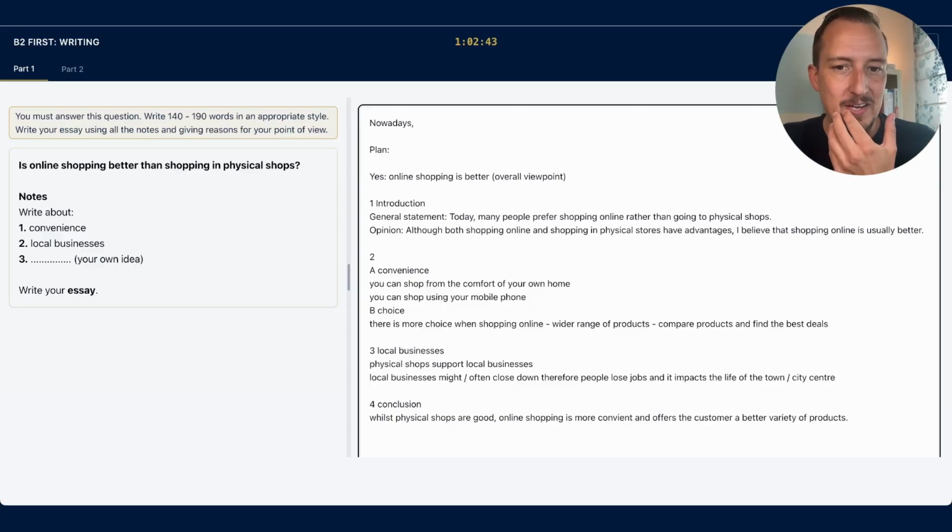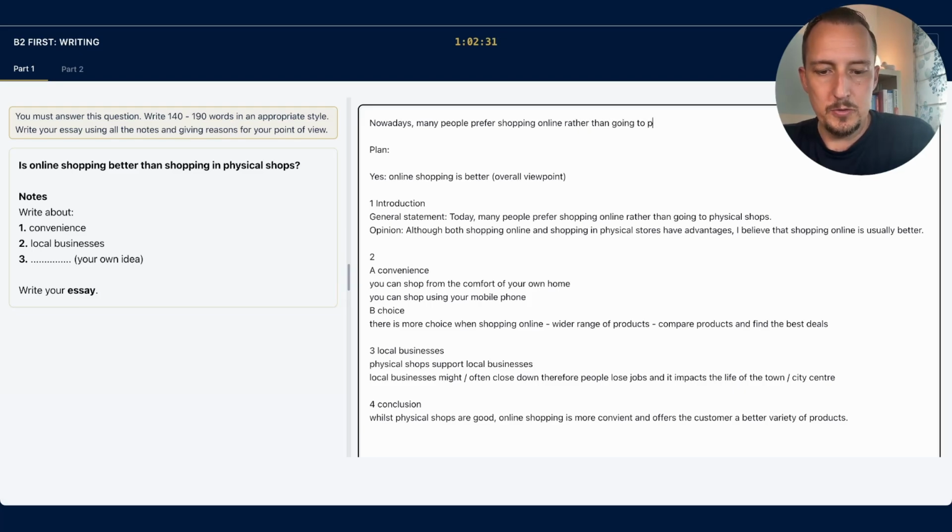Nowadays is a really nice one. Nowadays, many people prefer shopping online rather than going to physical stores. So we've identified the trend. That's our general statement. Physical stores or physical shops, rather, we can say. Let's keep it like that.